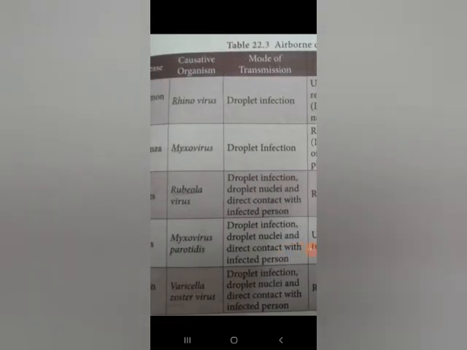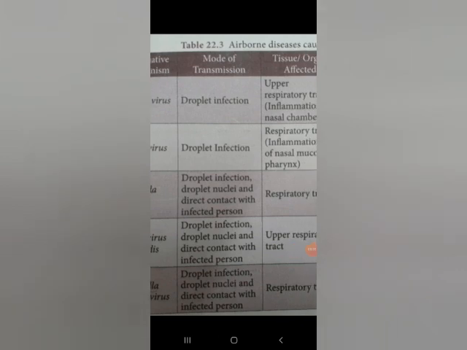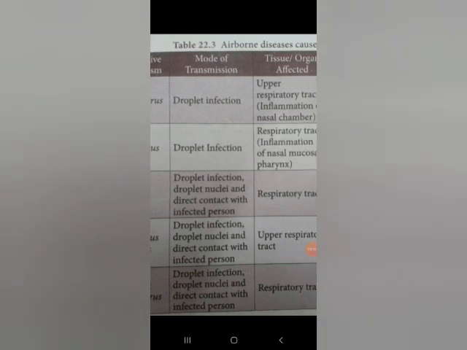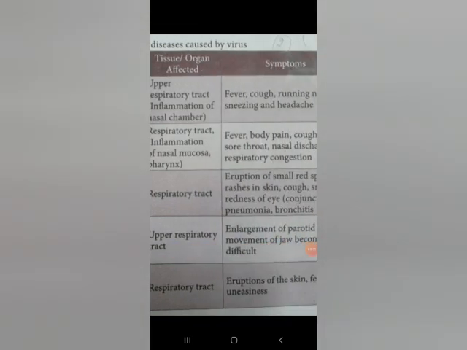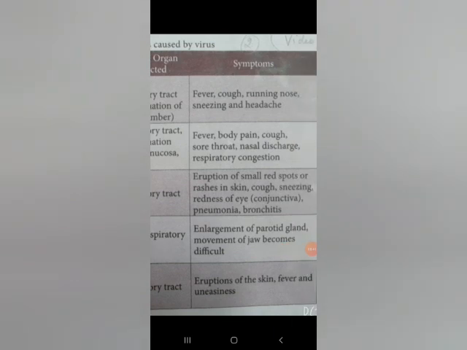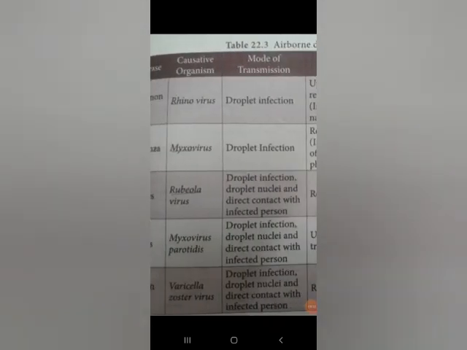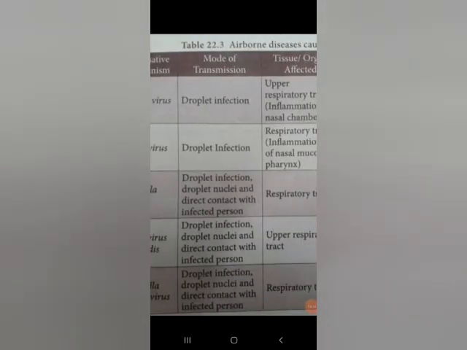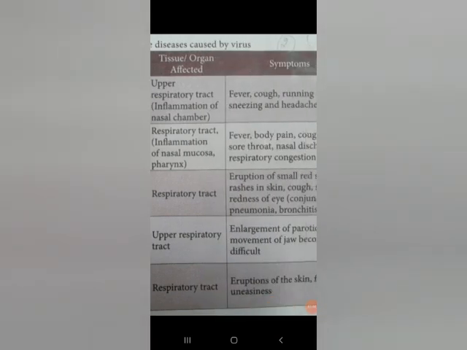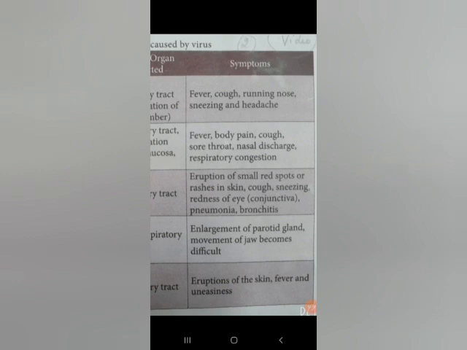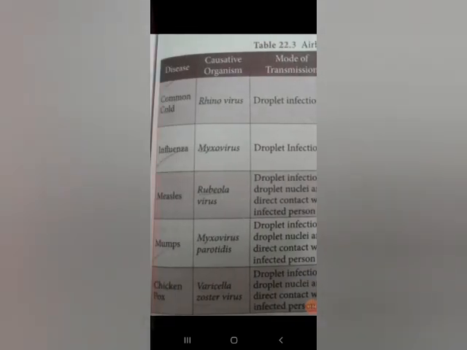Influenza: myxovirus, droplet infection, respiratory tract. Fever, body pain, cough, sore throat, nasal discharge, respiratory congestion. Measles: morbillivirus, droplet infection, respiratory tract, red spots or rashes on skin, cough, sneezing, redness of eye.